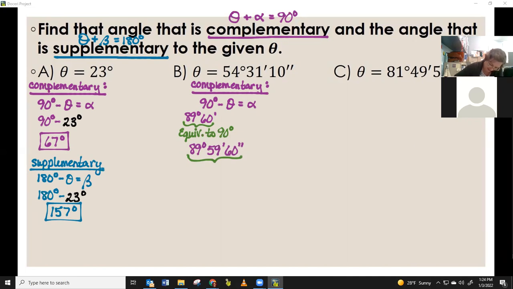So if I rewrite it like this, now I can subtract my theta pretty easily to find my angle alpha.